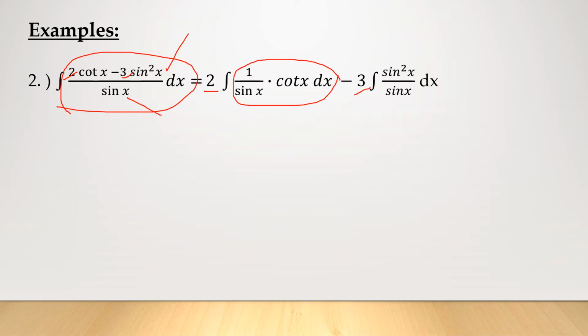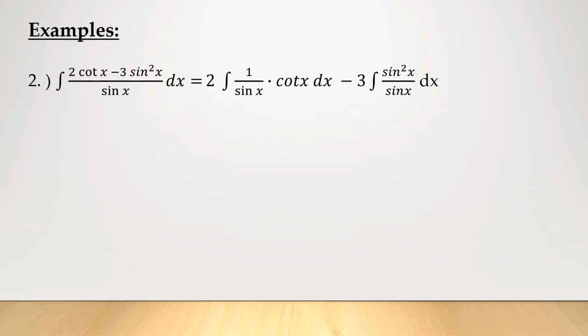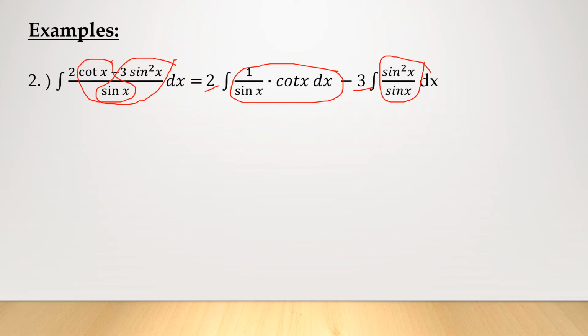What remains inside, we separate the cotangent x and sine x. So this is cotangent x over sine x, and then negative 3 sine squared x over sine x. Again, the constants 2 and 3 we took out of the integral sign.